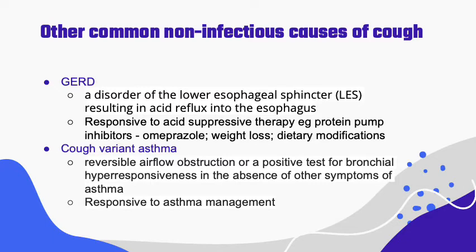In cough variant asthma, a history of hypersensitivity or a family history of asthma may be prominent, and their presenting symptom will be persistent and uncontrollable spasms of cough, which are typical of reversible airflow obstruction.